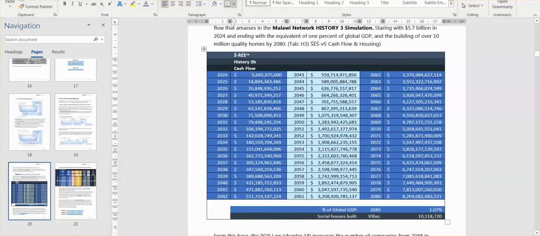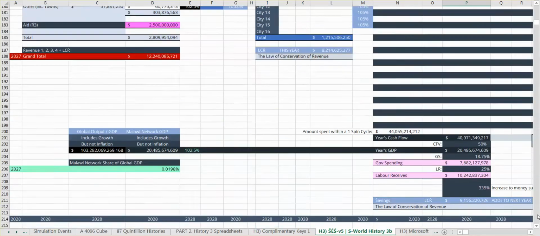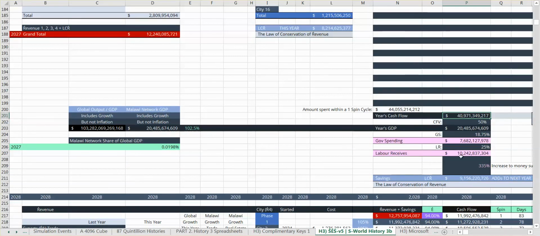When we look at this, it correlates. If we just go straight to the 40 and you think it's the third year, that's wrong. No, fourth year 40.9. So at this point we've got global growth and Malawi growth, and Malawi has 0.01% of global GDP.